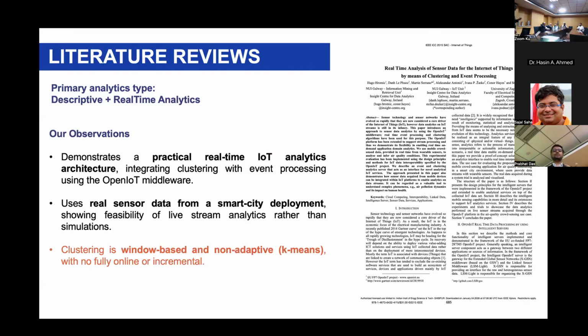This was something which was the most interesting, and very surprisingly, it's a paper from the year 2015 where the title says real-time analysis of sensor data from Internet of Things by means of clustering and event processing. Yes, it was pretty good, but the issue with this paper was that they used a window-based mechanism.